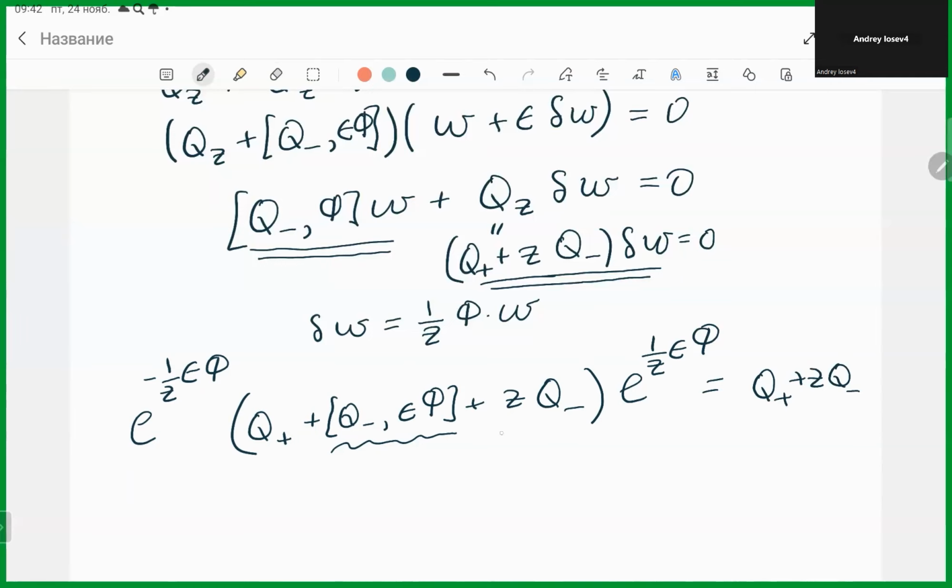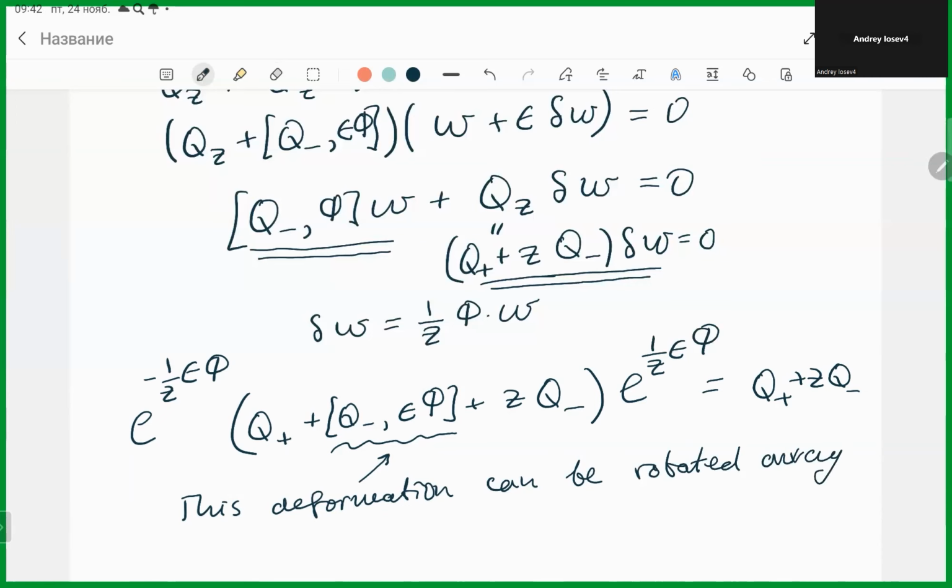So this deformation can be rotated away by conjugation with e to the 1 over z epsilon phi. And 1 over z standing here cancels z standing here.